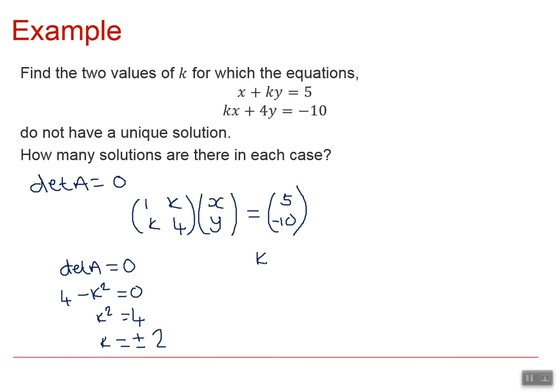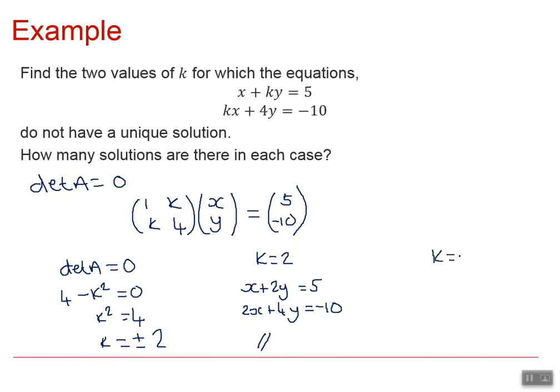If we think about the situation where k equals 2, we would have x plus 2y equals 5, 2x plus 4y equals minus 10. These have no solutions, so these must be parallel lines.